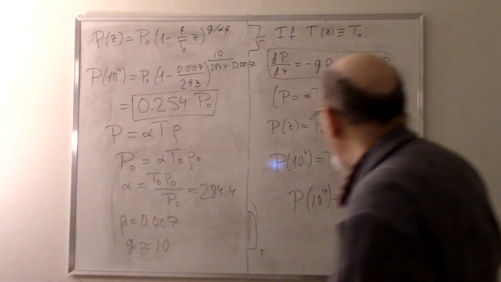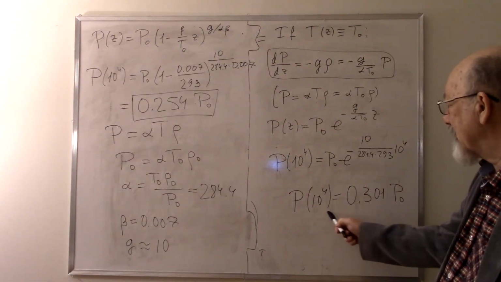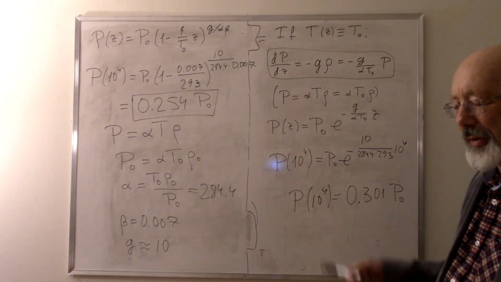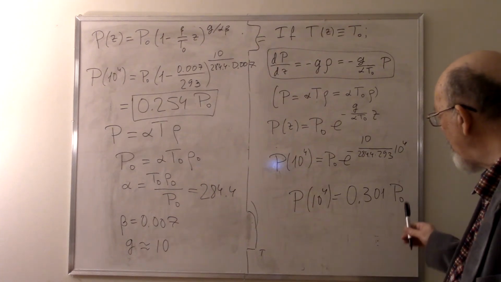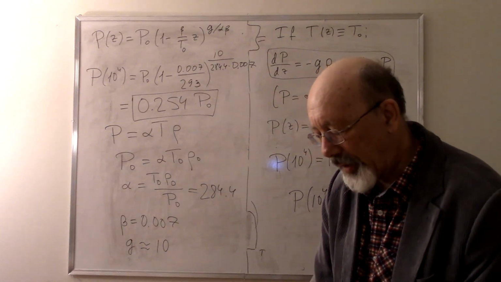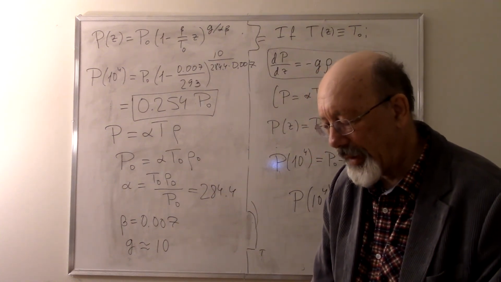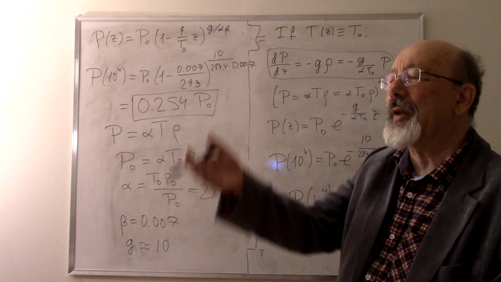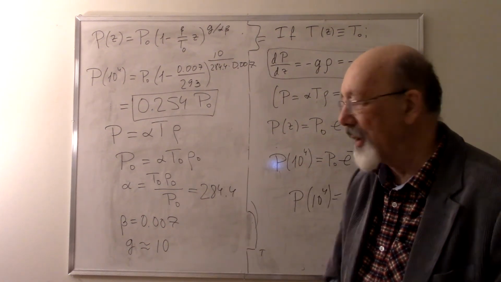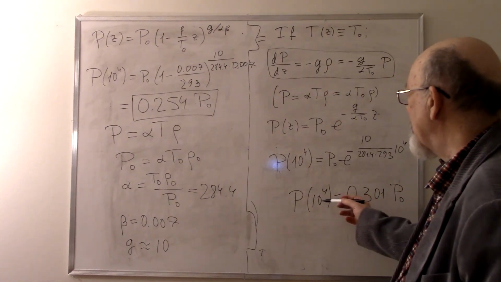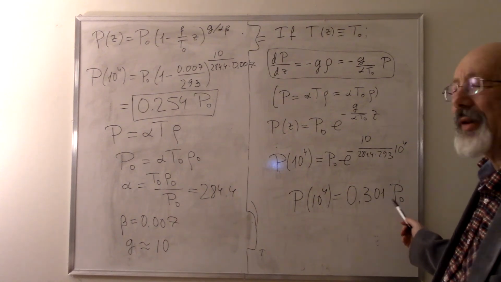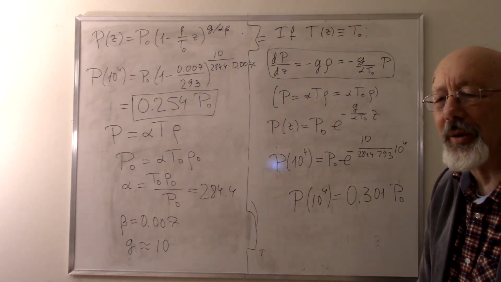So what we see in our first approximation, when we started solving this problem, we assumed a very coarse hypothesis that the temperature is constant all over, equal to the temperature at the ground level. And then you find that at the height of 10 kilometers, the pressure is just 30% of the pressure on the ground.